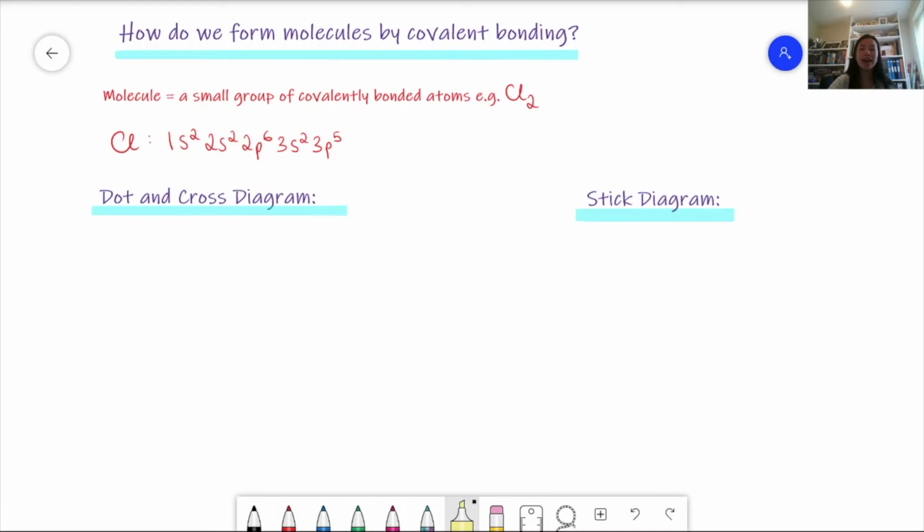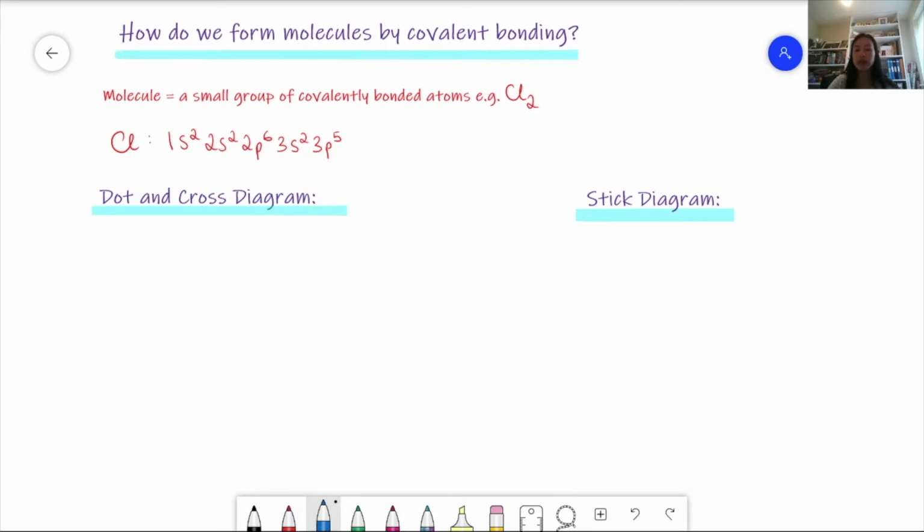Now we're going to look at how we form molecules by covalent bonding. So the meaning of molecule is just a small group of covalently bonded atoms. For example, chlorine is formed by two chlorine atoms, and they've been covalently bonded together. So first we're going to go over the dot and cross diagram. So we have chlorine, which has 3 shells, and it has 7 outer electrons.